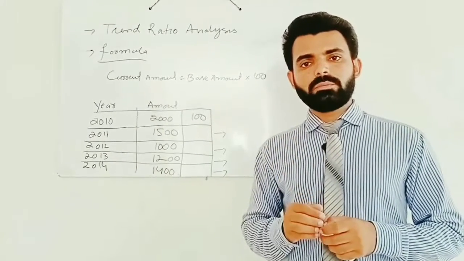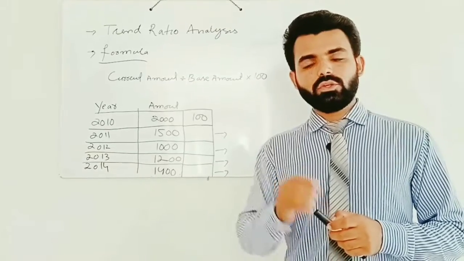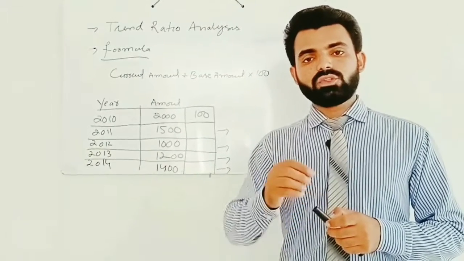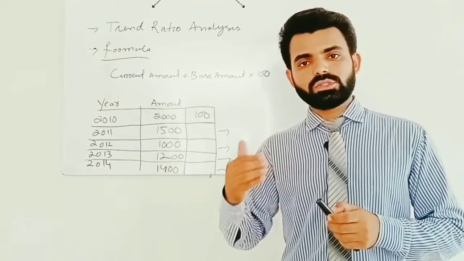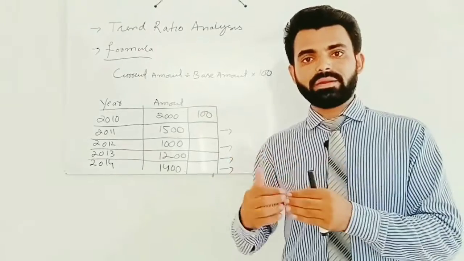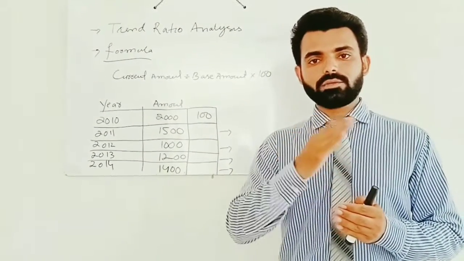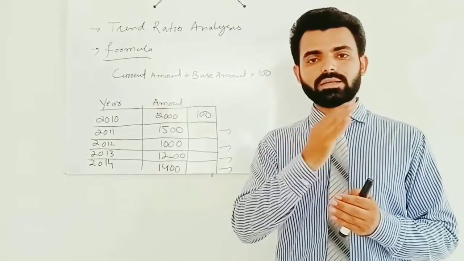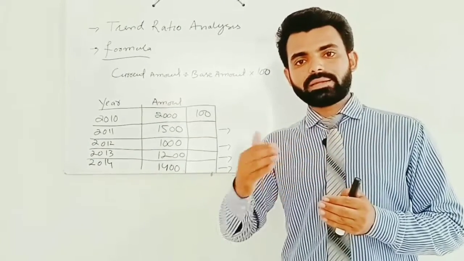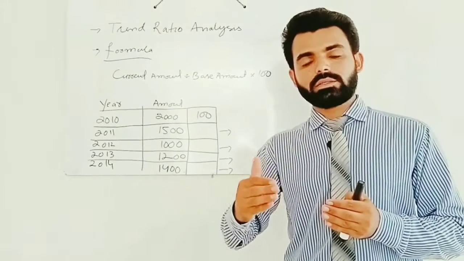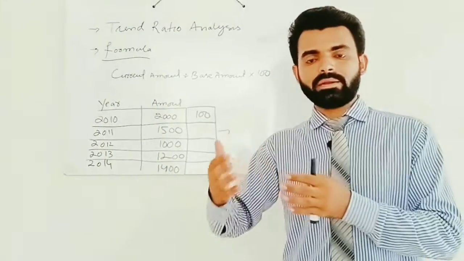Trend ratio analysis is a technical idea which is used to predict the future events that could happen in the coming time based on the past data, past information, and past assumptions.